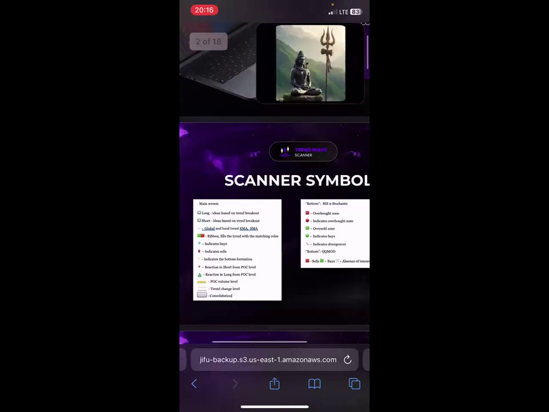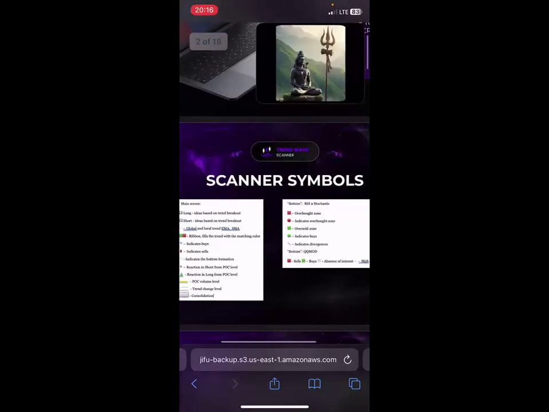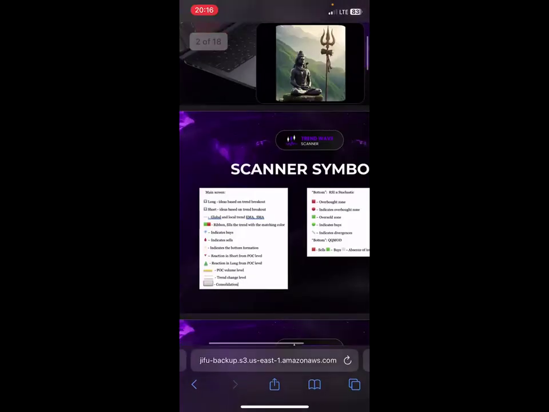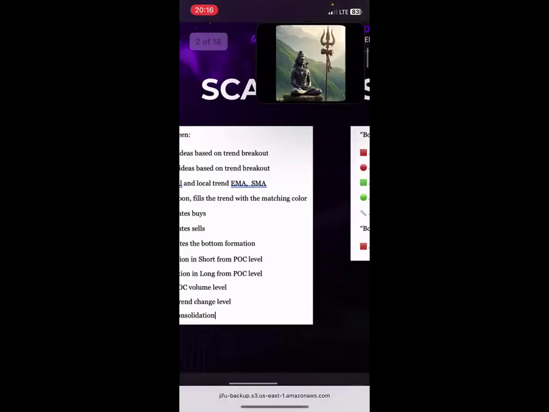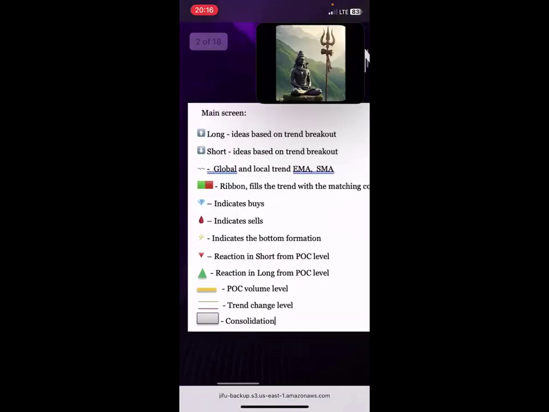This scanner symbol section is what we are going to talk about briefly. Firstly, the ribbon, the first symbol there, is the yellow, green, and red rectangle.